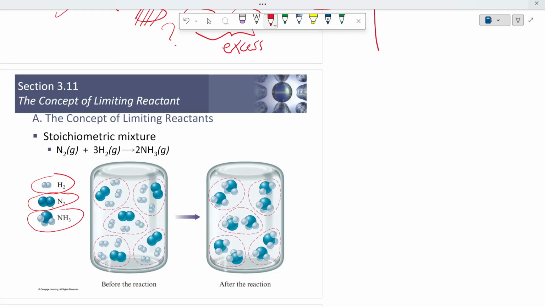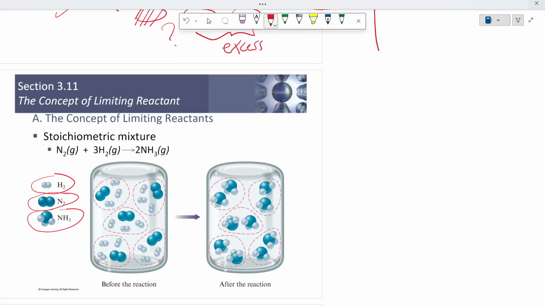Ammonia is represented by this blue ball with 3 white balls. Here is the reaction vessel between nitrogen and hydrogen. After the reaction is over, we ended with this scene. Now look, do we have any excess hydrogen or nitrogen that didn't react?